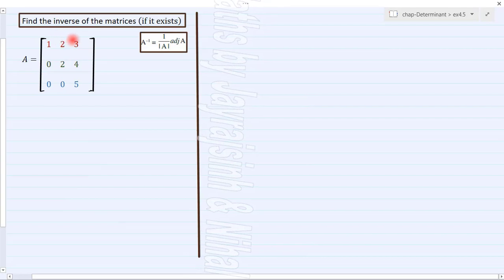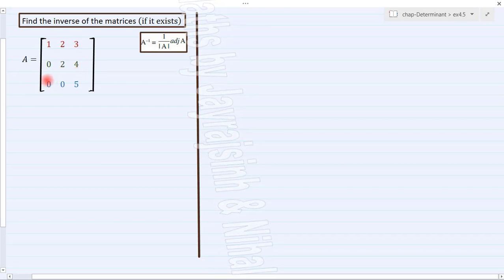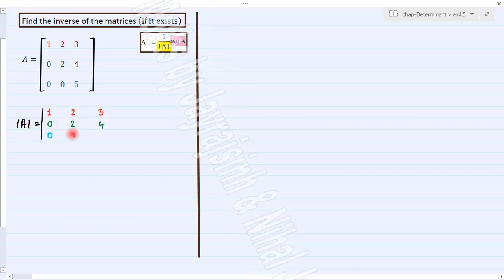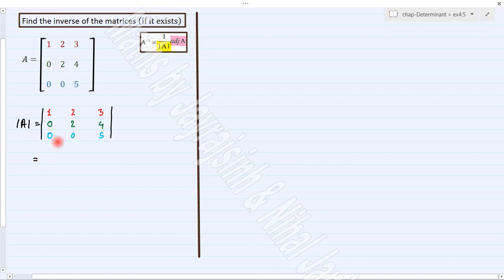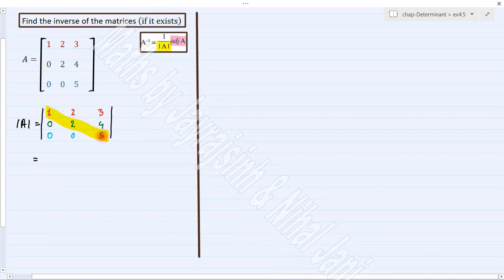In this question, we have to find inverse of matrix A, which is upper triangular matrix. And we know that to find out inverse, we need determinant of A and adjoint of A. So first of all, let's find out determinant of A, which is determinant of upper triangular matrix, which can be obtained by simply multiplying principal diagonal elements.